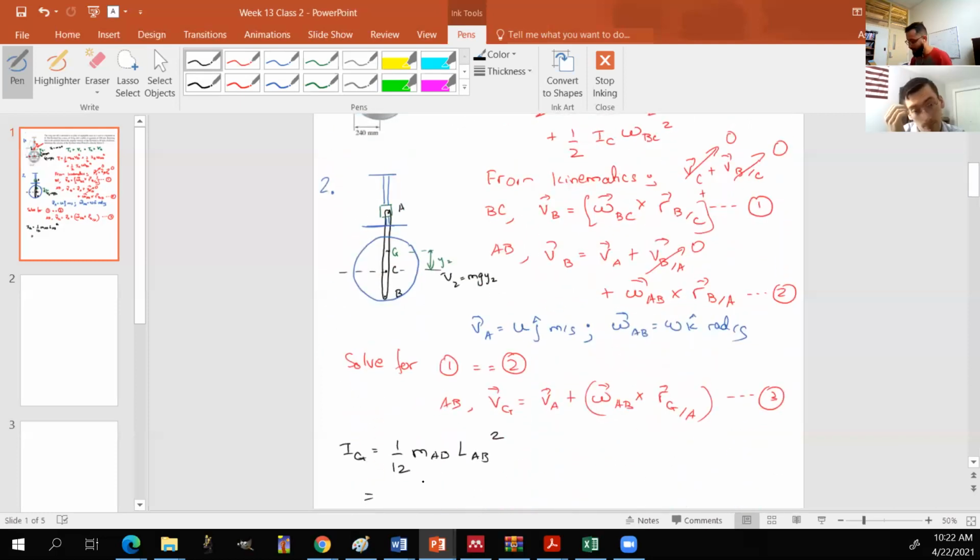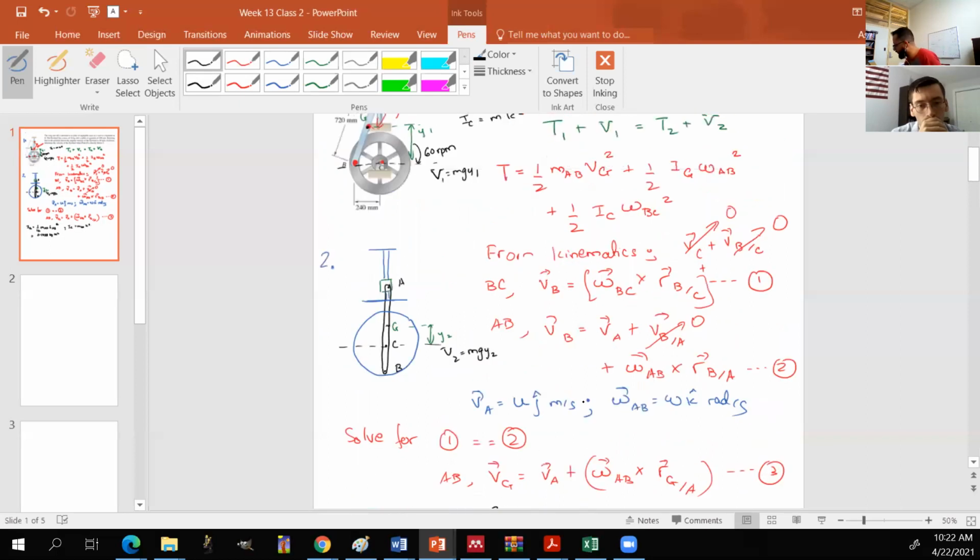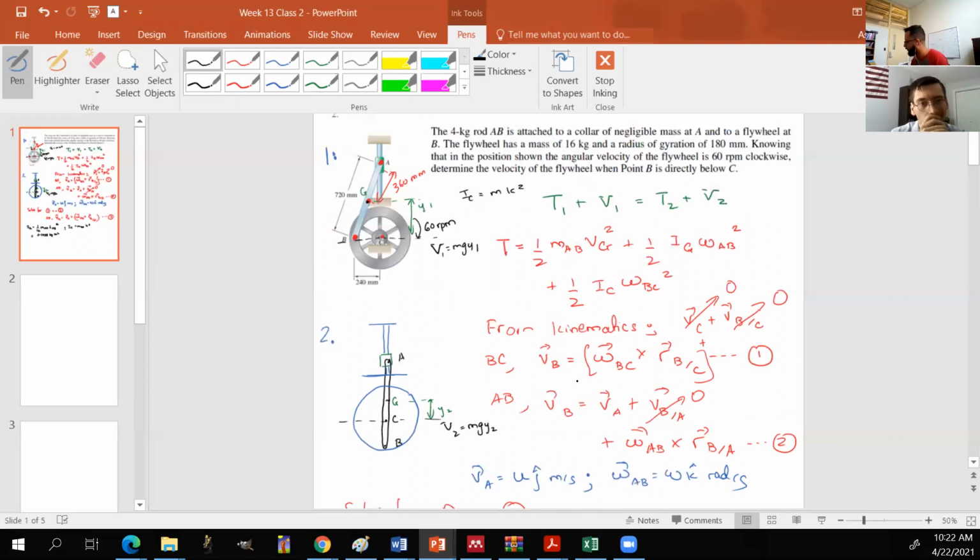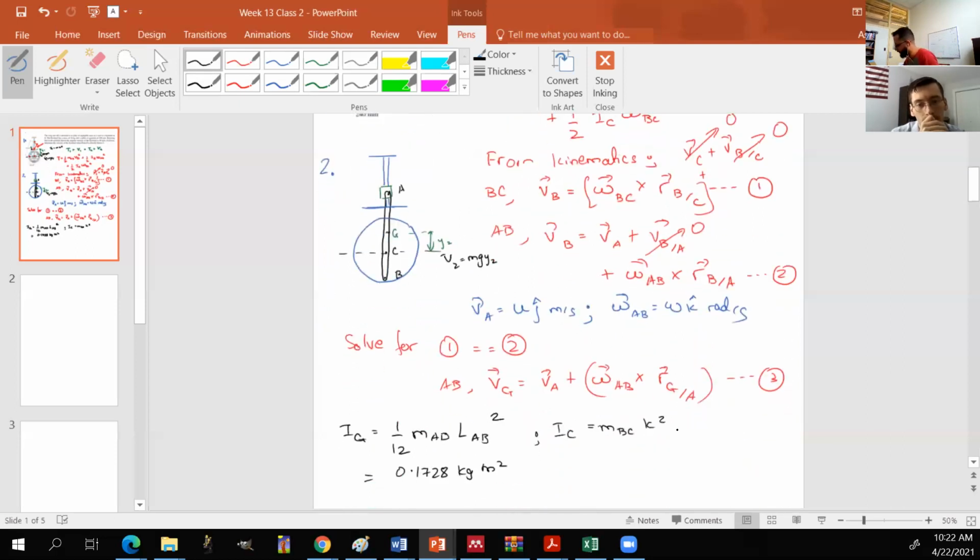And I find out that my IG turns out to be equal to 0.1728 kilograms meter squared. Similarly, IC is just equal to MBC K squared, where that K was the radius of gyration, right? 180 millimeters. So if I plug it in and convert everything, I get that that's equal to 0.5184 kilograms meter squared.